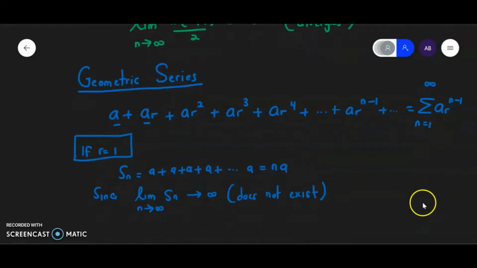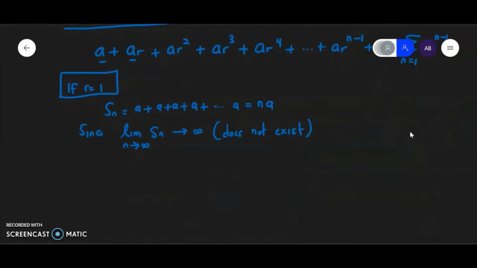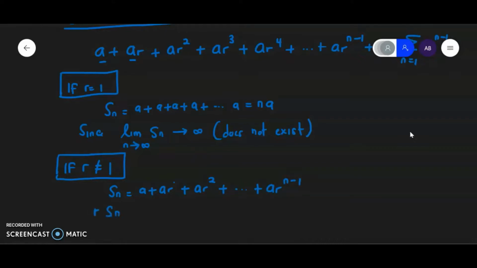Okay. Now how if r is not equal to 1? If r is not equal to 1, what we have is Sn equals a plus ar plus ar squared plus dot dot dot ar to the n minus 1. I multiply by r, so I multiply r Sn.